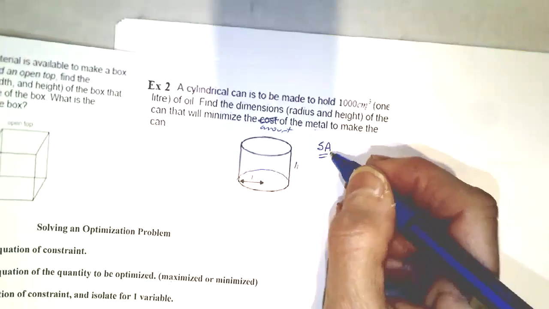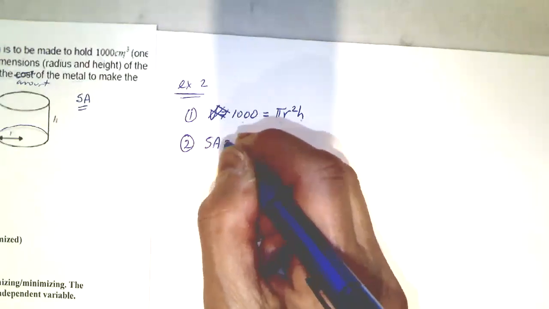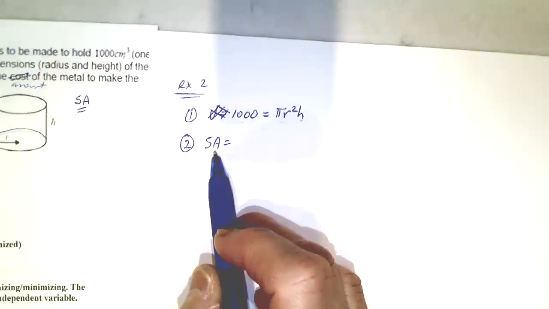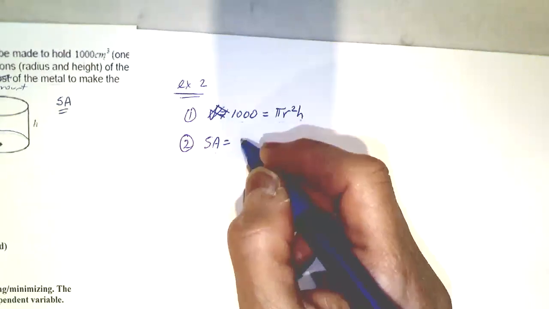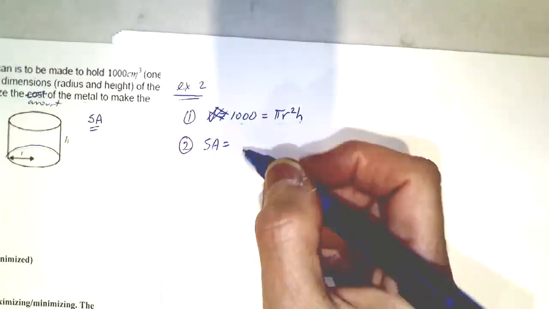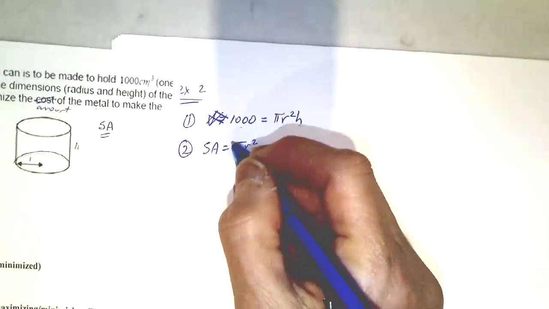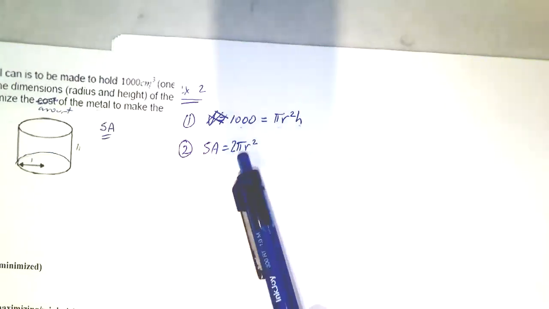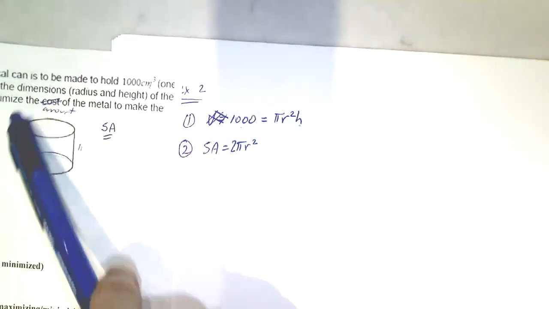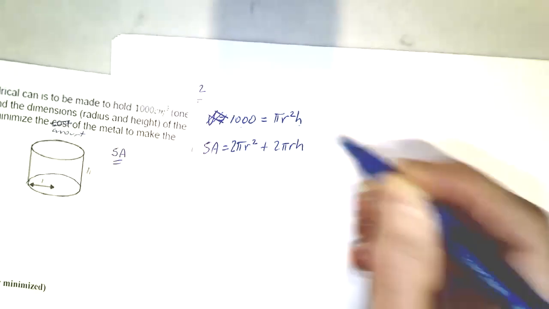I want to use as little material as possible. So the equation of optimization is simply the surface area of a cylinder. We have a circle on top and one on the bottom that will have metal, so we have to include them. And this is called lateral surface area, which the formula looks like this.